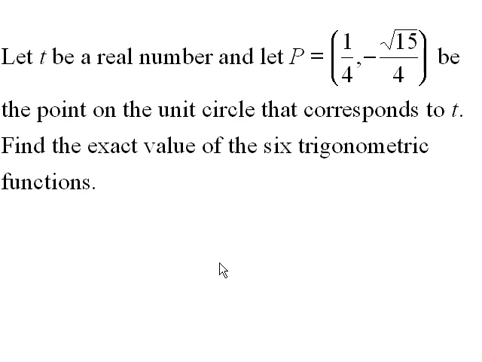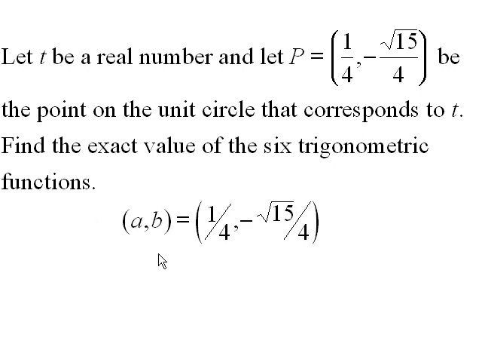Here's an example. Suppose you've got a real number and a point on the unit circle that corresponds to that real number as a radian measure of the angle, or as the arc length going around the unit circle. We can calculate all 6 trig functions just from that geometry.